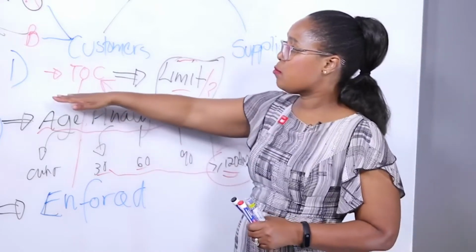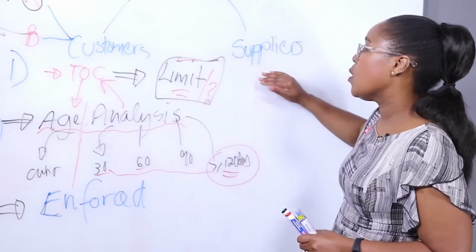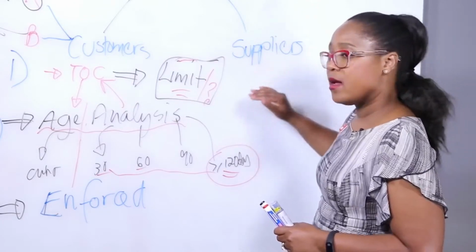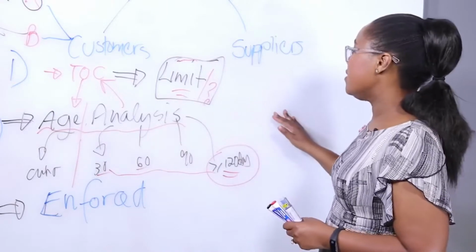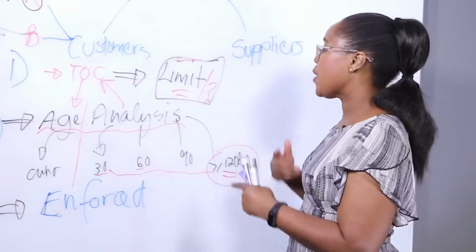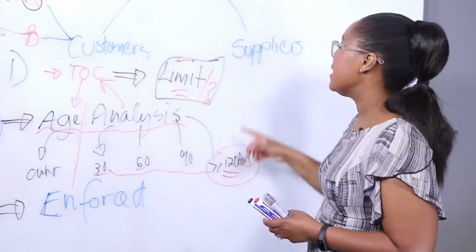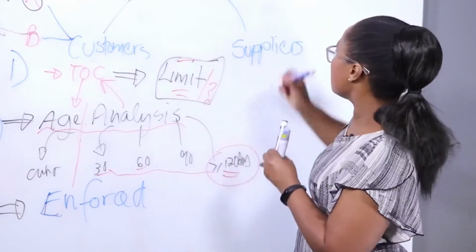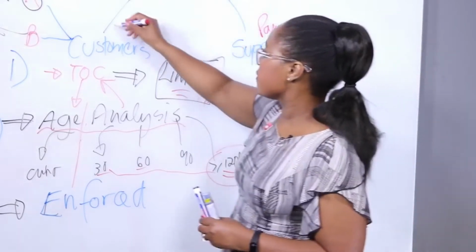So same principle, you are going to need to analyze and know what your terms and conditions are with the supplier. Number two, you will also look at the age analysis with the supplier to check how quickly you are able to pay the supplier. Here is receipting, here is payment.